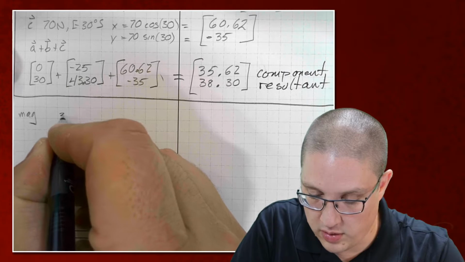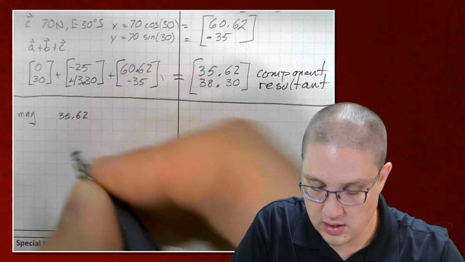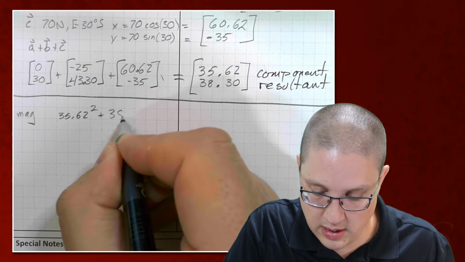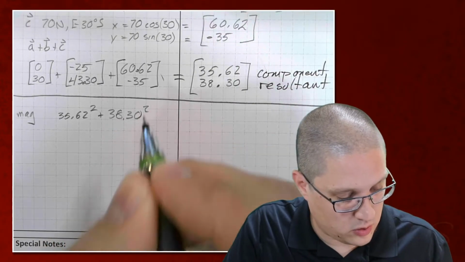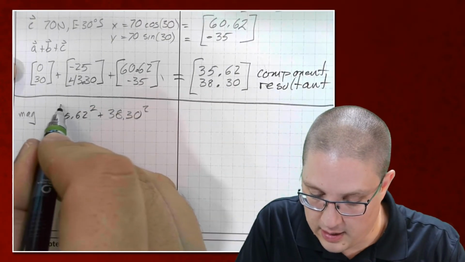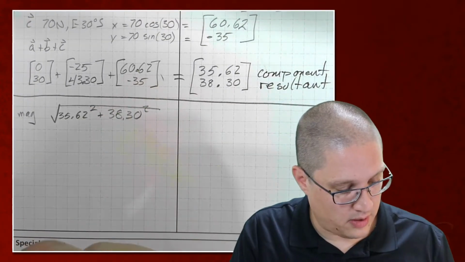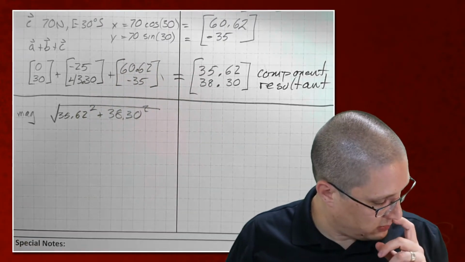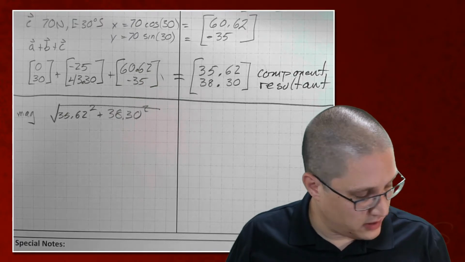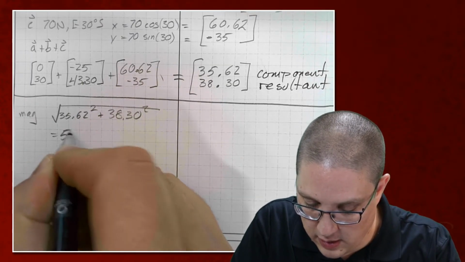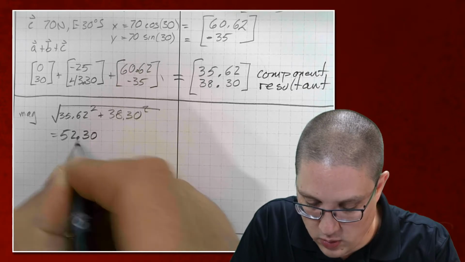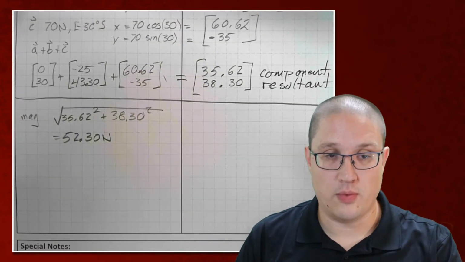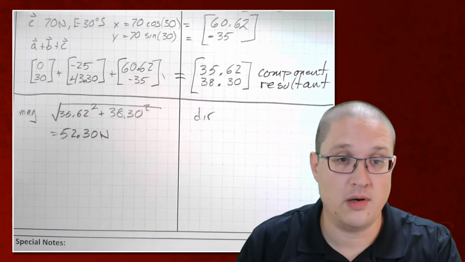So I'm going to do 35.62 squared plus 38.30 squared, and take the square root of that. And that works out to 52.30 newtons.